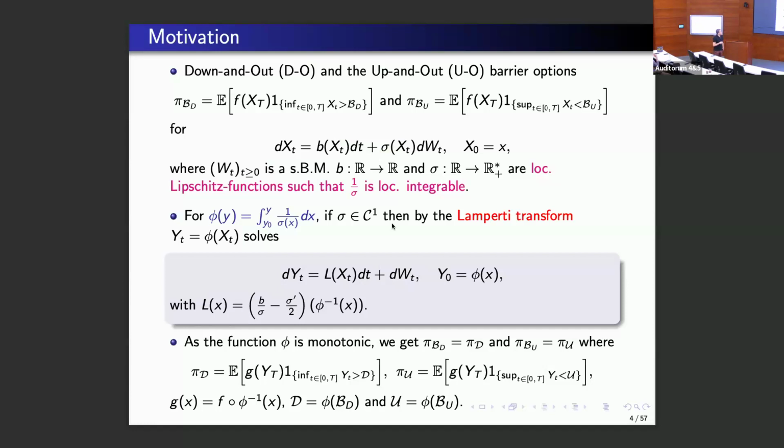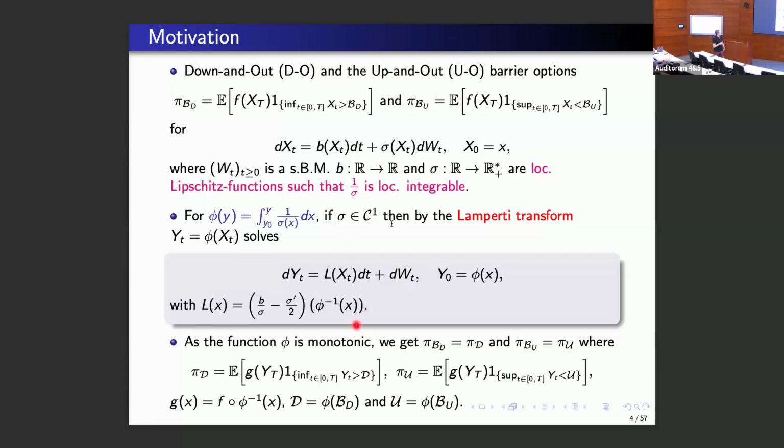So let's assume that you have a one-dimensional diffusion with two coefficients b and sigma, and the coefficient sigma is supposed to be locally Lipschitz. The main idea is to start by transforming this stochastic differential equation thanks to a Lamperti transformation.